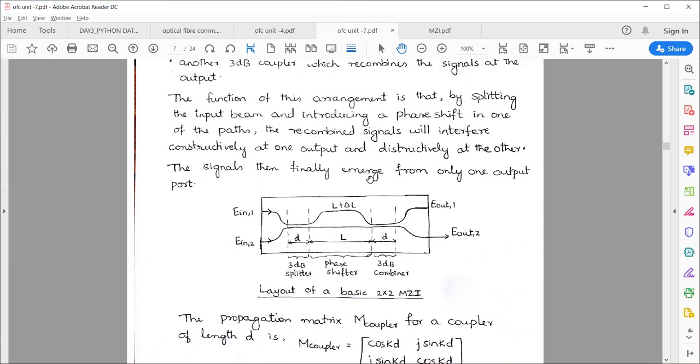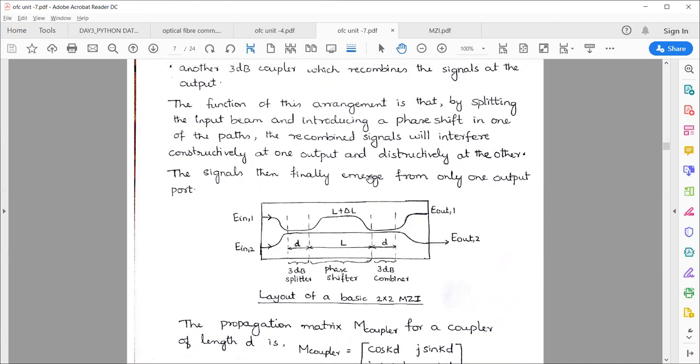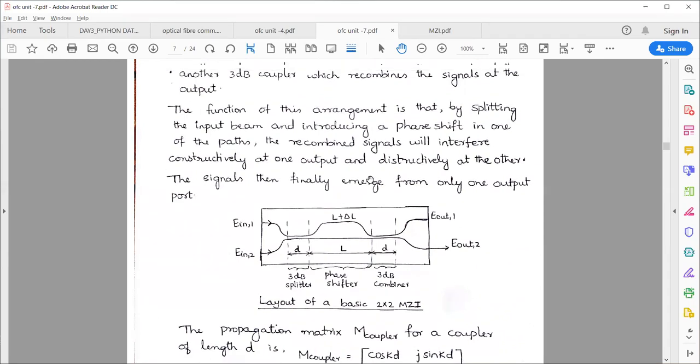This phase shifter introduces a phase shift which causes the signals to interfere constructively at some port of the 3 dB combiner, and the same phase shifter causes the signals to interfere destructively at some other port, say port 1.